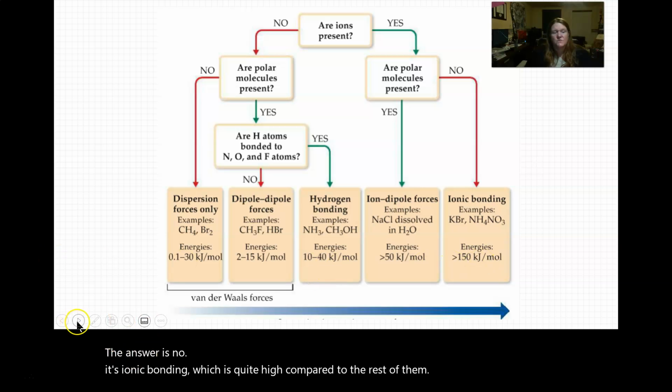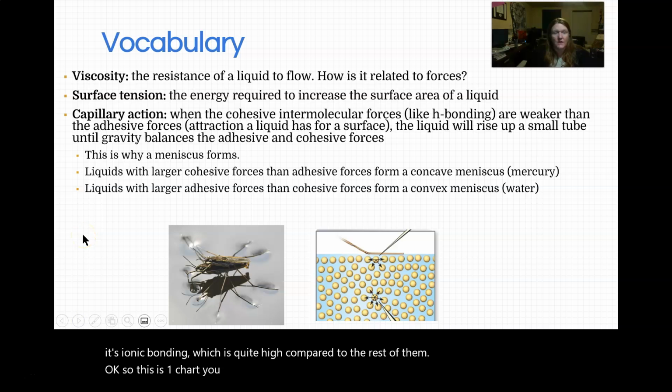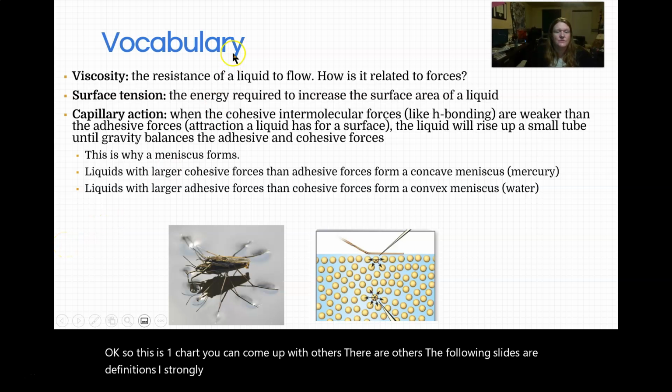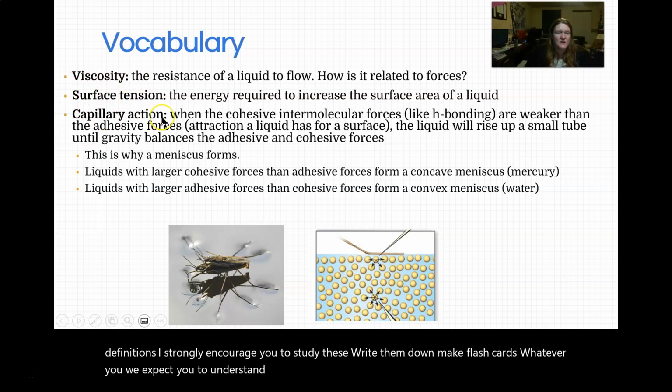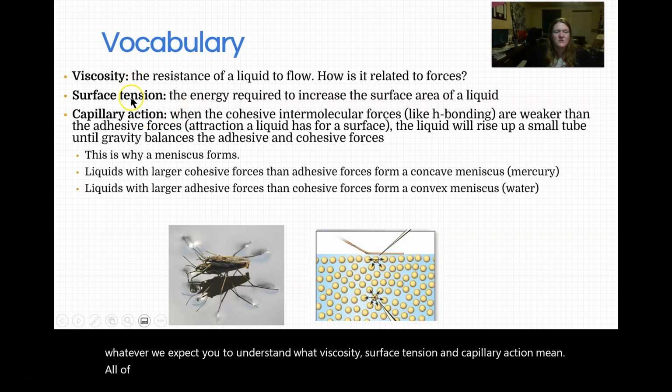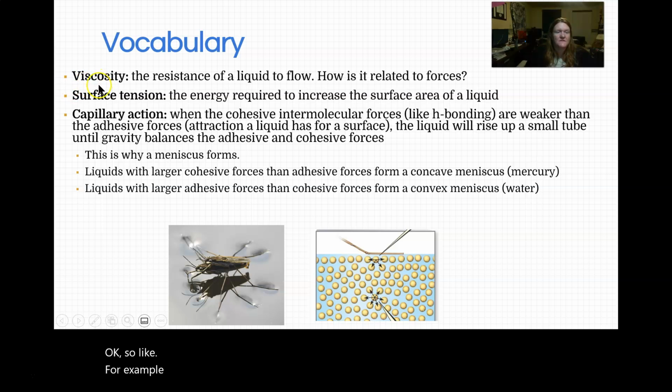Okay, so this is one chart. You can come up with others. There are others. The following slides are definitions. I strongly encourage you to study these, write them down, make flashcards, whatever. We expect you to understand what viscosity, surface tension, and capillary action mean. All of these are things you see every day. Okay? So for example, syrup is very viscous.